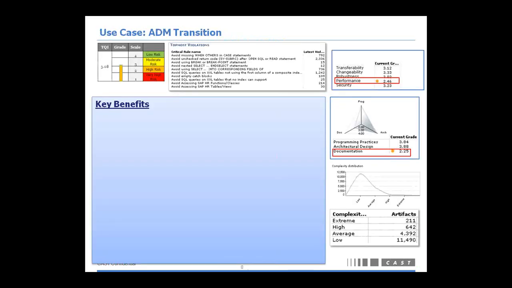To go to the first use case, which is in terms of ADM transitions. From a transition perspective, CAST helps transition teams with fact-based insight to identify the riskiest modules upfront. With the ability of CAST to look at applications from a holistic perspective and identify which are the risky areas, you can quickly identify the risky modules up front, and then allocate specific resources.